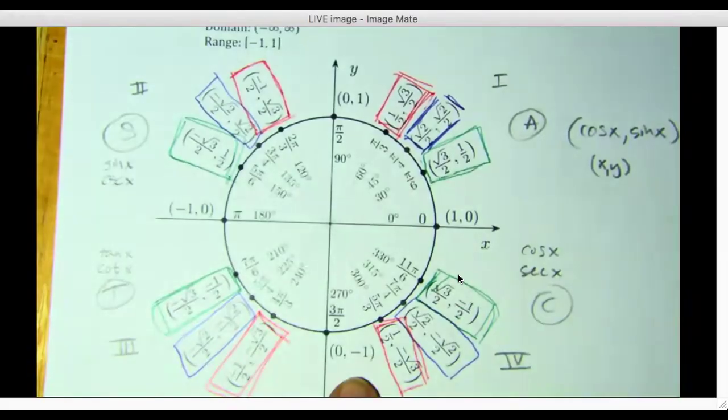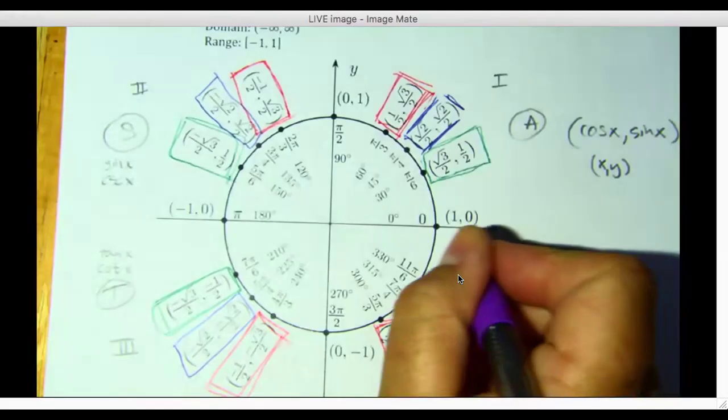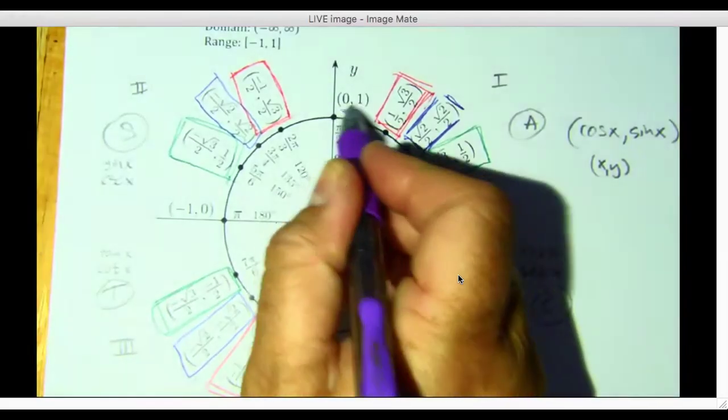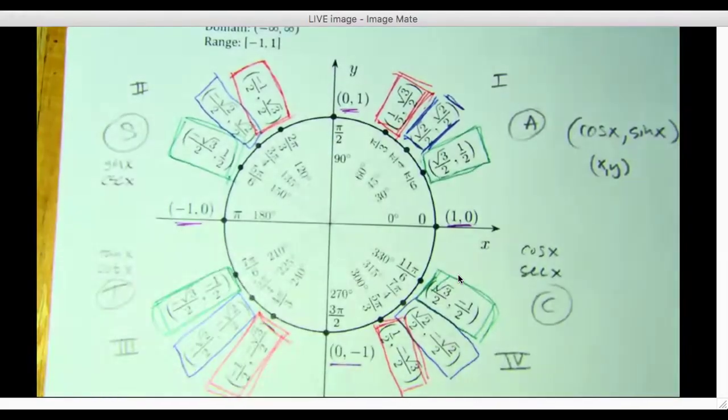Now, these other coordinates we have here, 1, 0, 0, 1, negative 1, 0, and 0, negative 1, are just those coordinates on the coordinate plane. If I go over 1 unit, this is the point 1, 0. This is the point 0, 1.